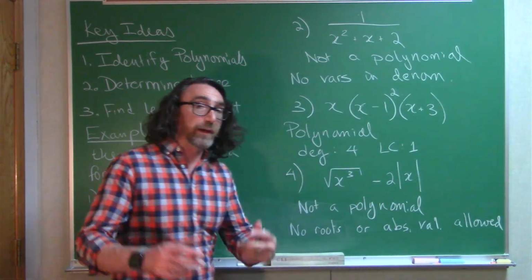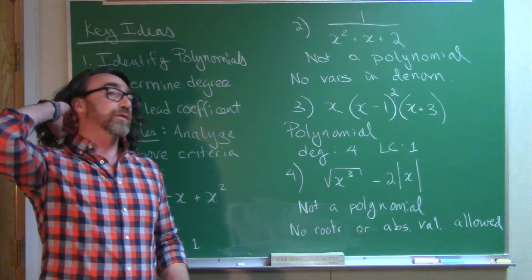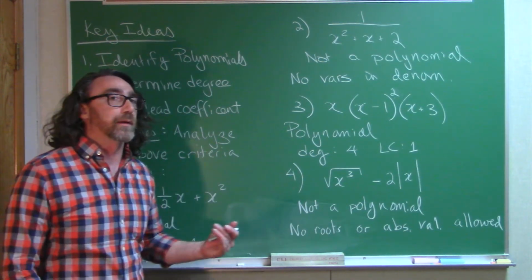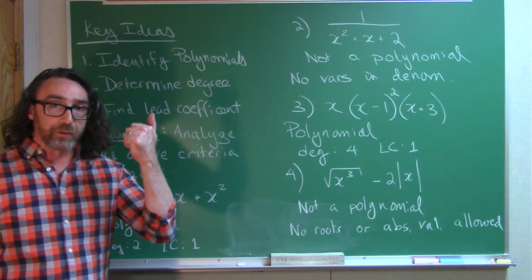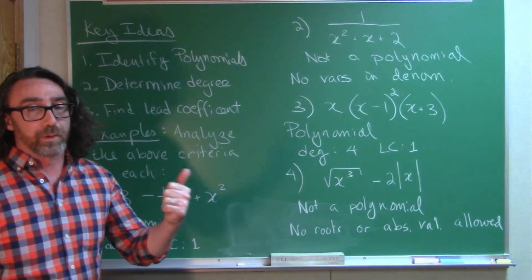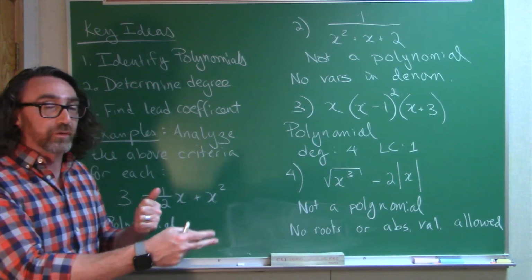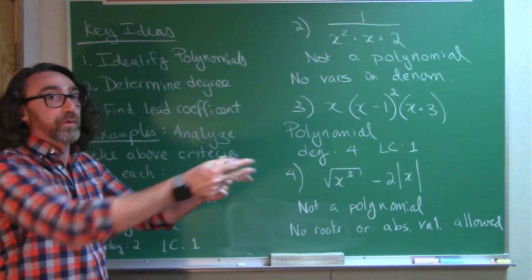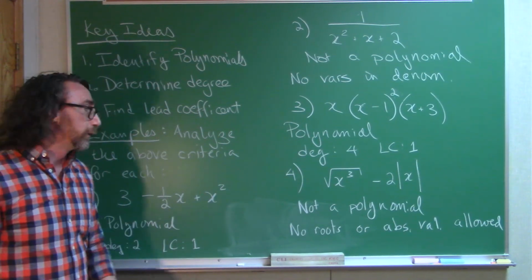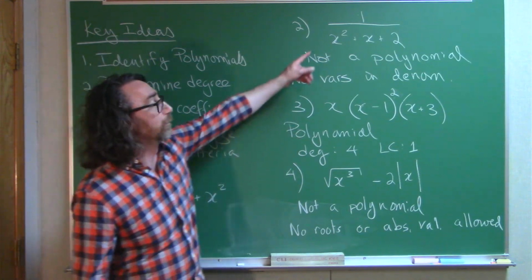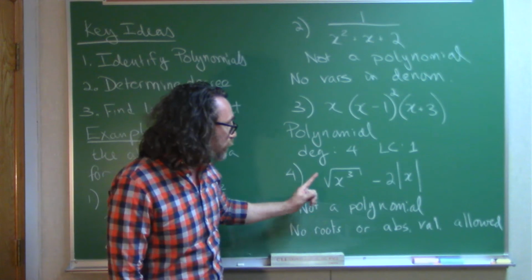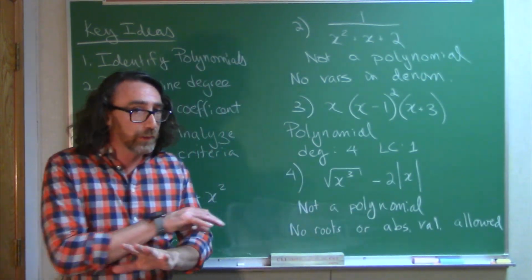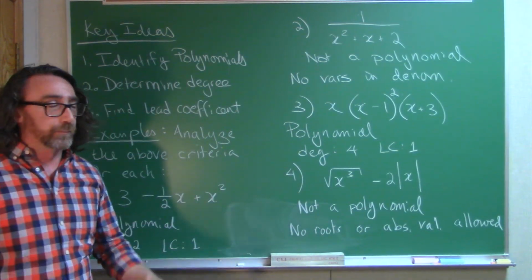Okay, so when you're looking at an expression and you're trying to figure out, is it a polynomial or not? You're thinking, okay, is it a sum of non-negative whole number powers? Or could I write it as a sum of non-negative whole number powers if I multiplied everything out? So, if you see fractions with variables downstairs, if you see roots, if you see absolute values, then not a polynomial.